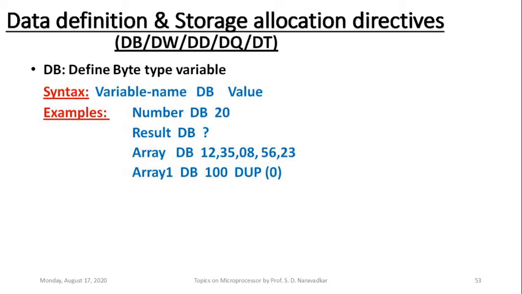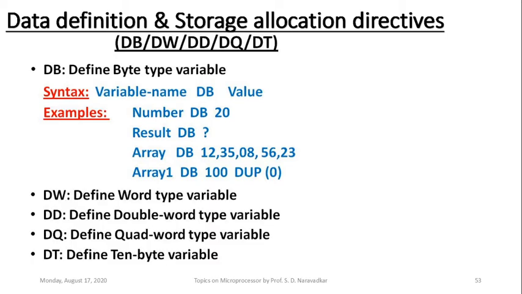Or even multiple bytes in the form of an array can be declared whose values are clearly known, or multiple bytes can be reserved, like the last example, array 1 DB 100 DUP 0. So the initial values of all 100 locations would be 0. That way storage can be allocated by such directives and data may be defined within it.